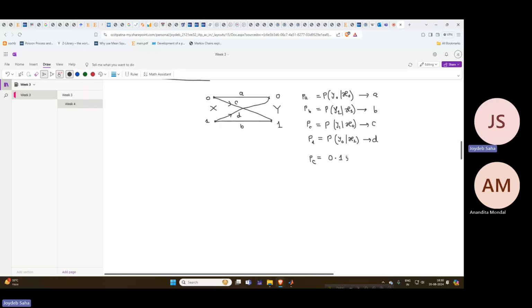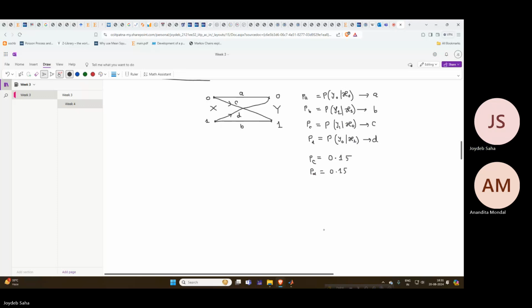Another thing given is probability of y0 upon x1, that means PD, is also 0.15.